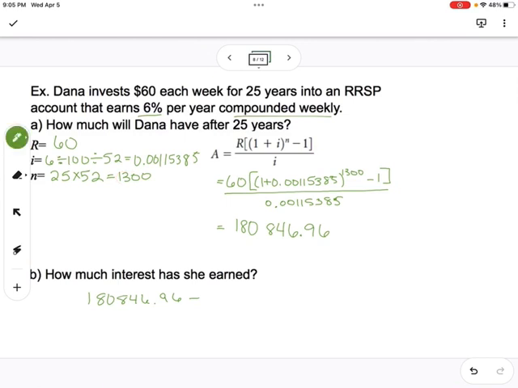So we're going to subtract the 1,300 times 60 because that's the amount that has been invested.